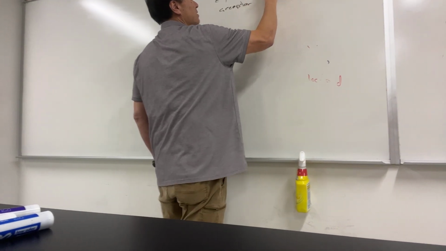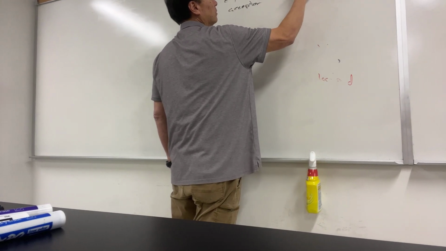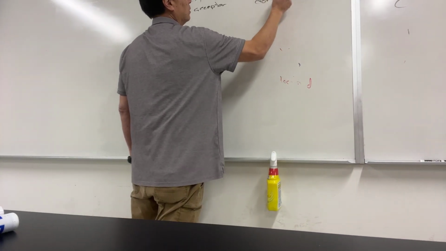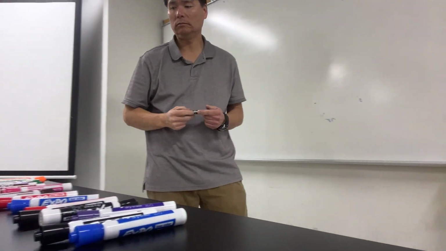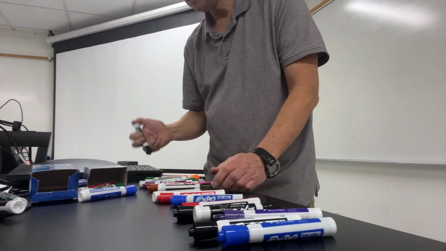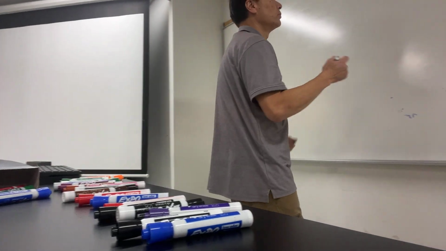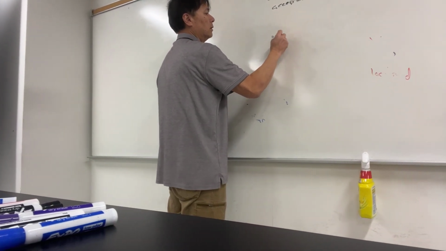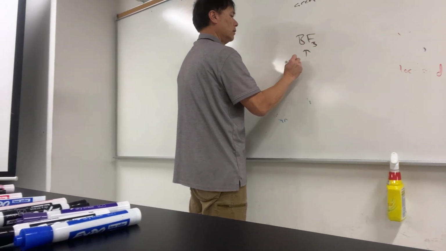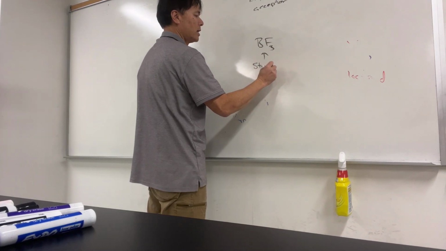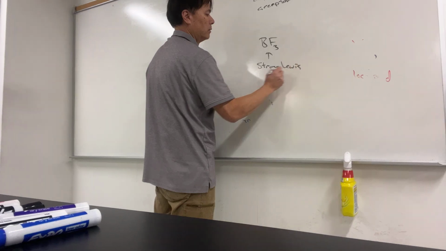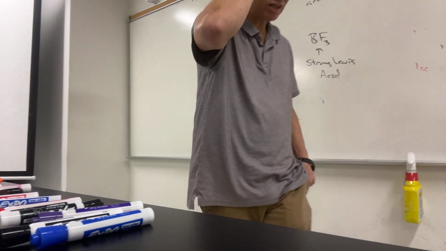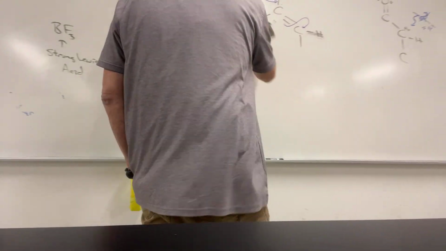A Lewis base is an electron pair donor. Let's look at a pretty strong Lewis acid. This is a strong Lewis acid. When we do Lewis acid-base reactions, we always draw the Lewis structure.